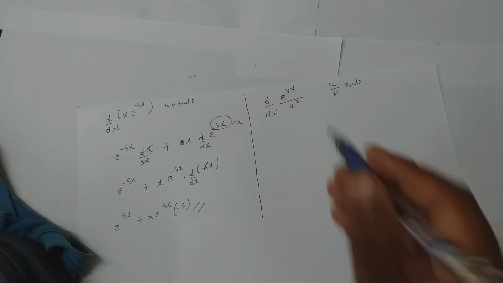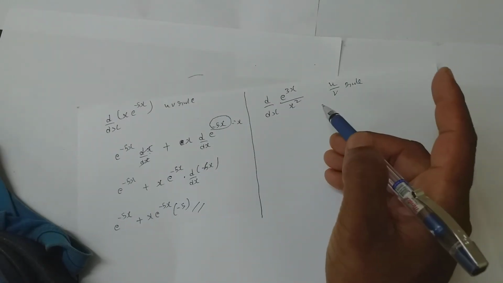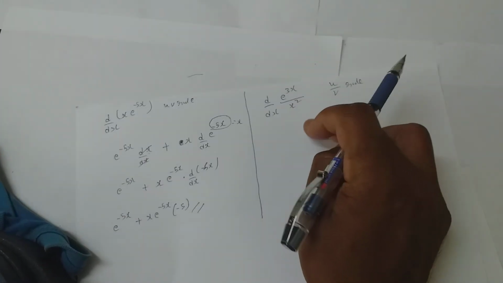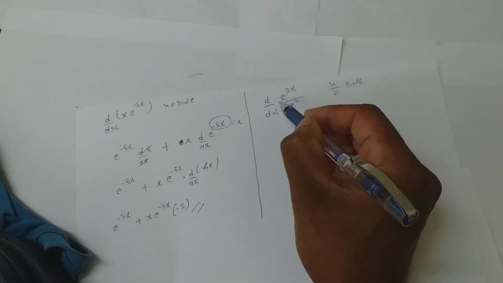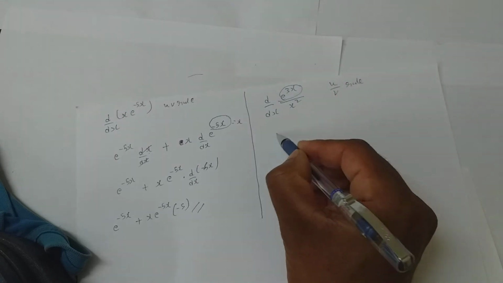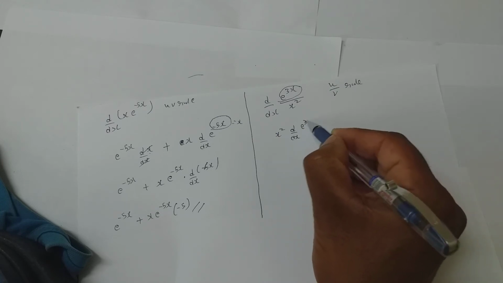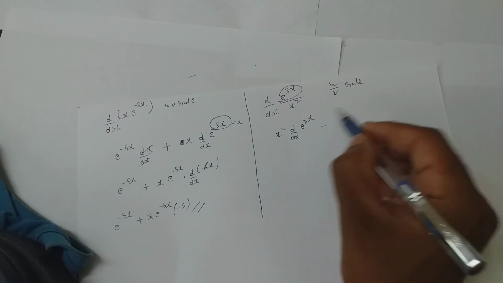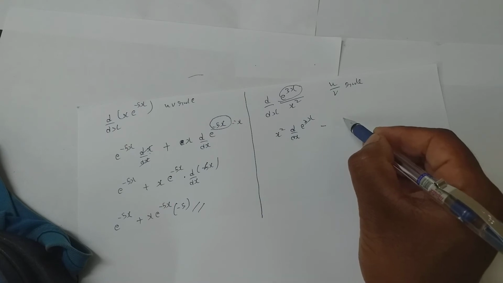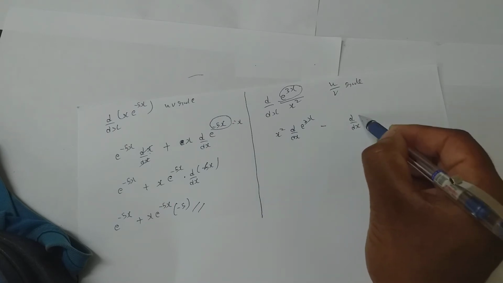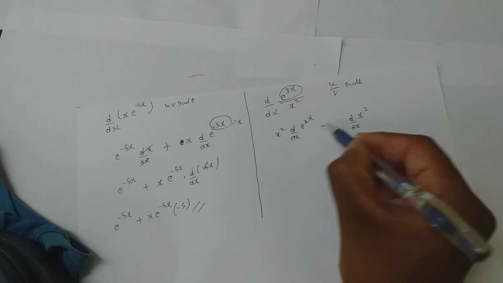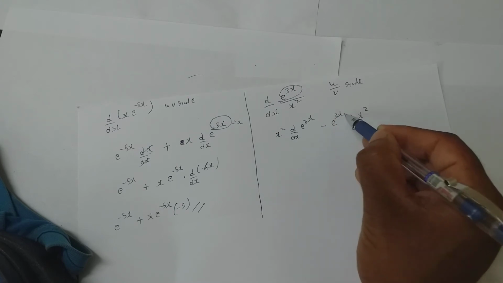Yes. Now here also I will differentiate one at a time, but here it must be that differentiation starts with the numerator. So write x square d by dx of e power 3x minus, this time you differentiate the other one, d by dx of x square, and the one which was differentiated here, write as it is.